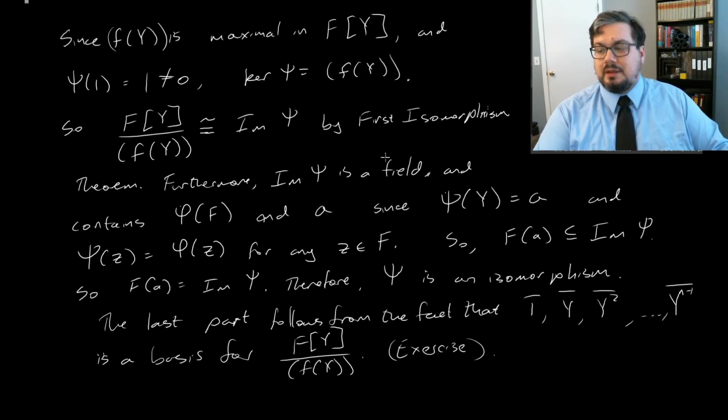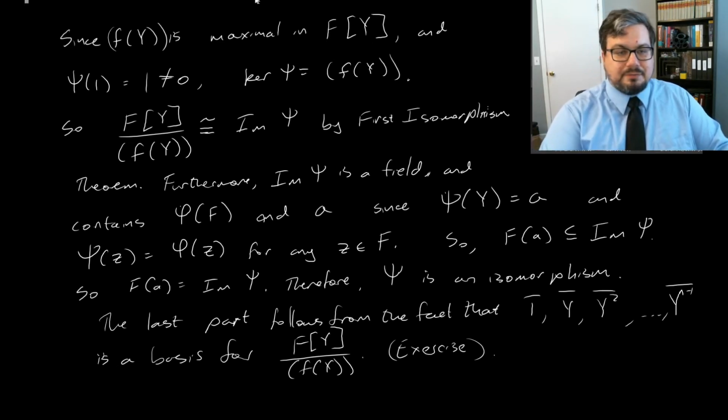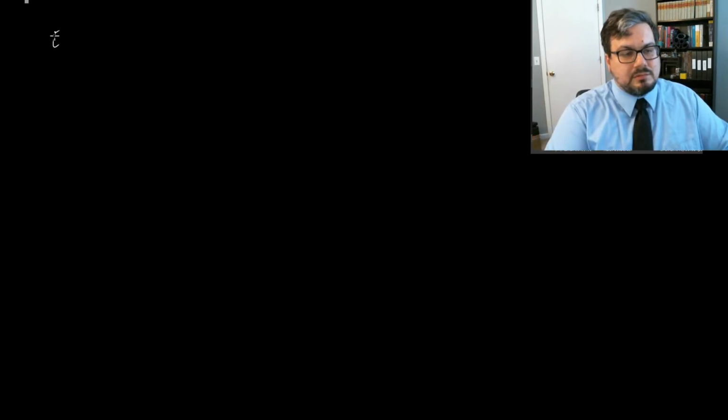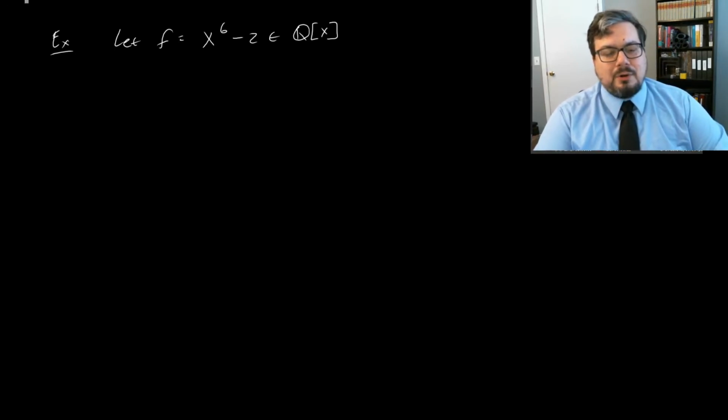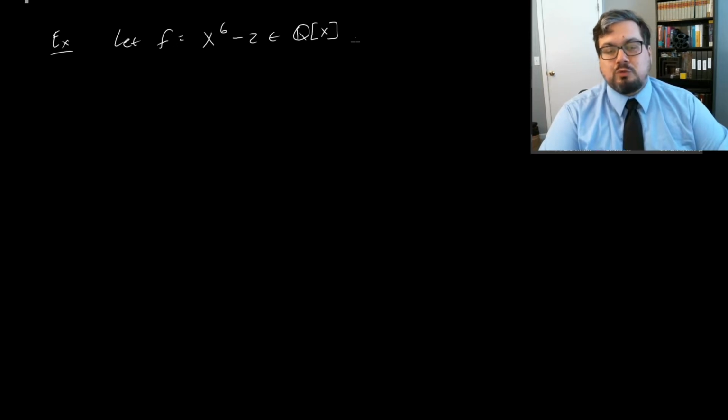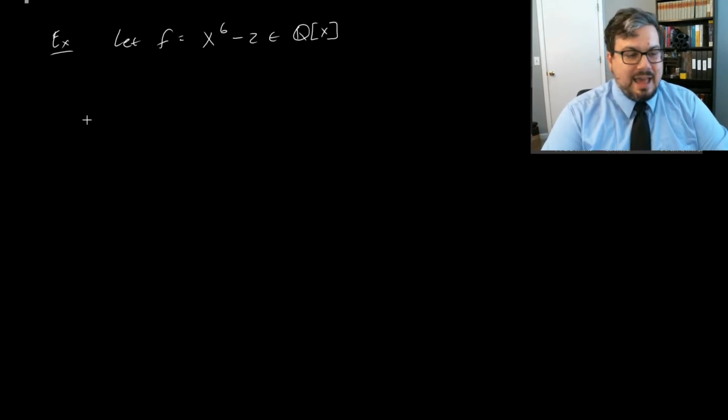All right, so let's look at an example. Let f be the polynomial x to the sixth minus 2 inside Q adjoin x. Now, I can point out two different roots of f inside the complex numbers.